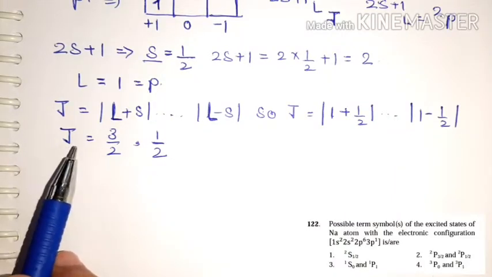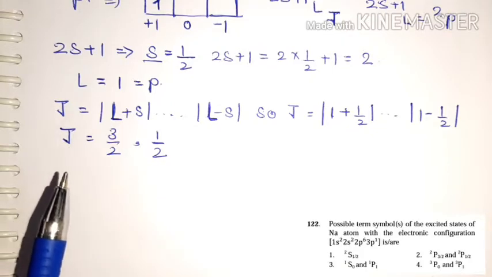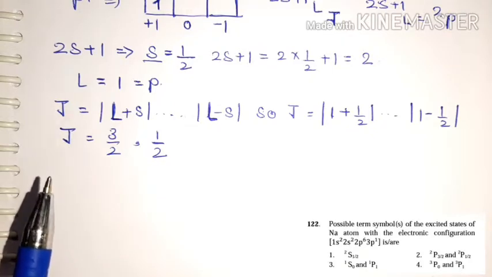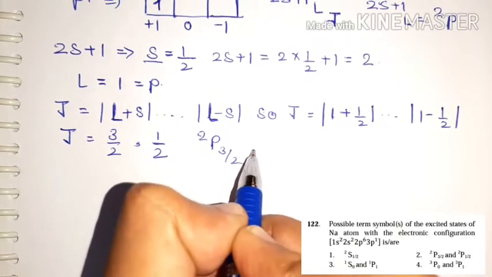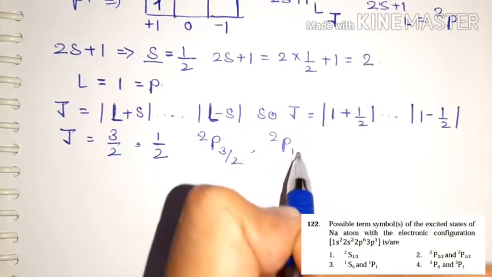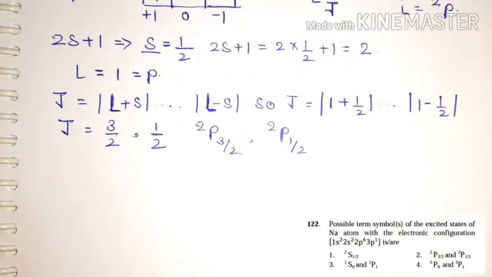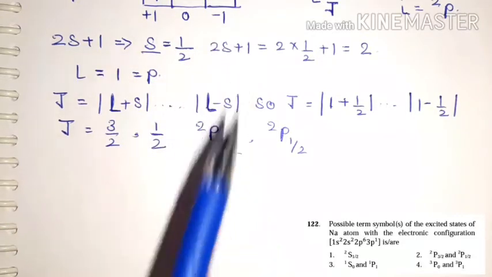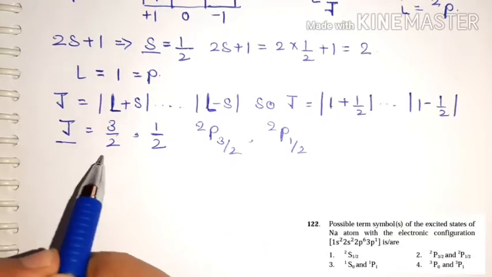So from the values of J we have two possible term symbols for this electronic configuration, that is 2P3/2 and 2P1/2.